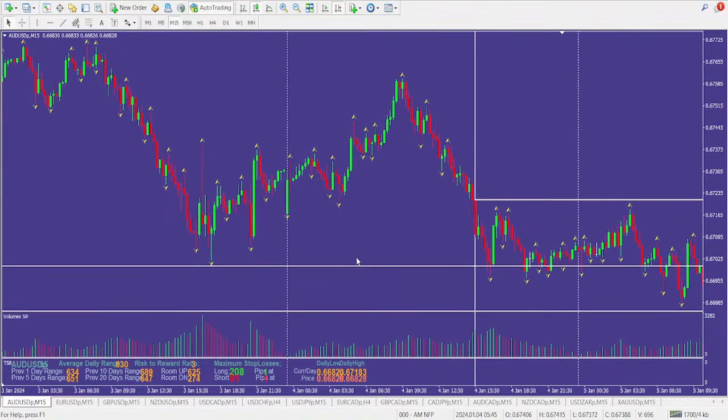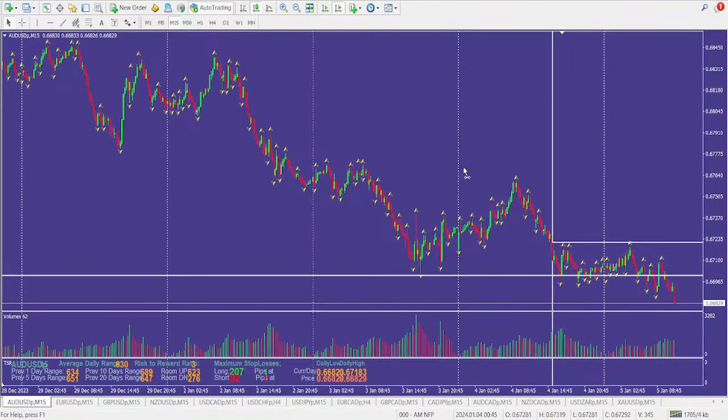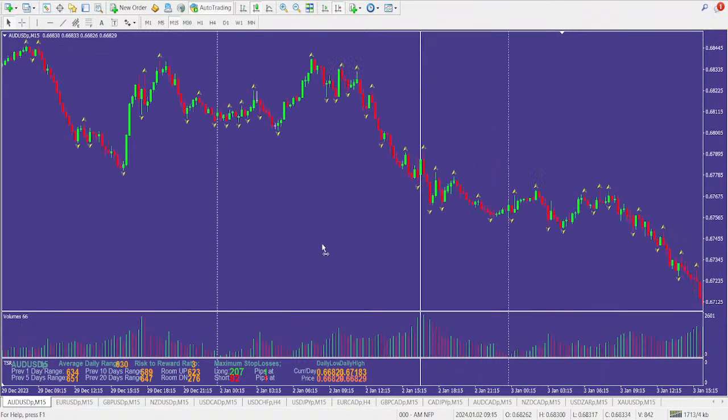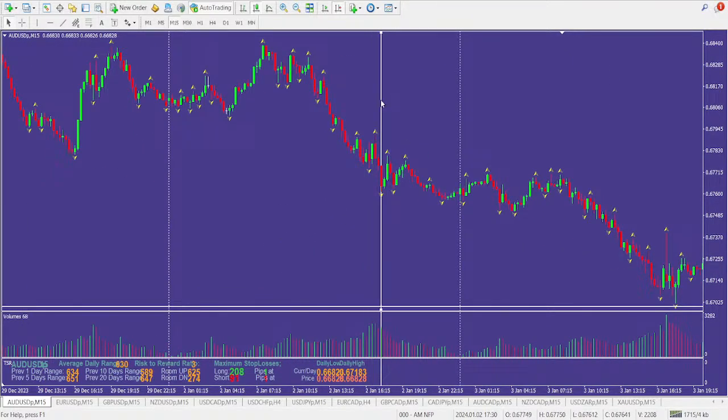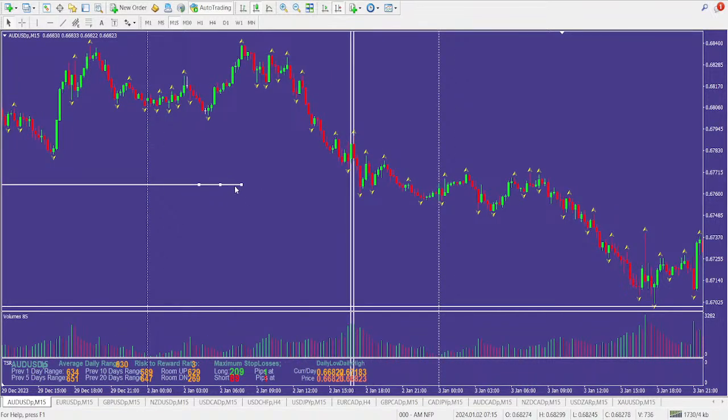And then let's look at another potential supply level there. We did have a high volume spike over there. Then our next potential level of supply, we've got another high volume spike over here on January the 2nd. So these are our potential supply level number 2 and supply level number 3. Again, we're using our Forex volume indicator at the bottom here to show us where these potential supply levels are.